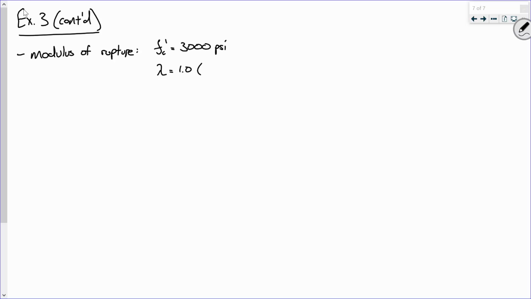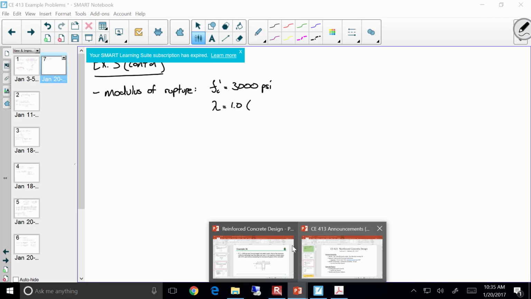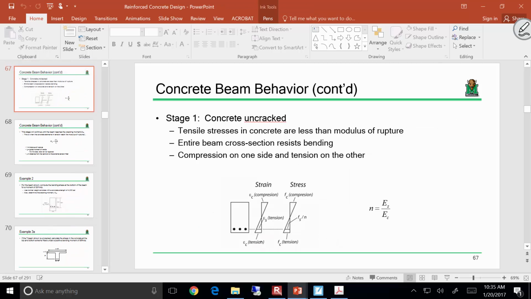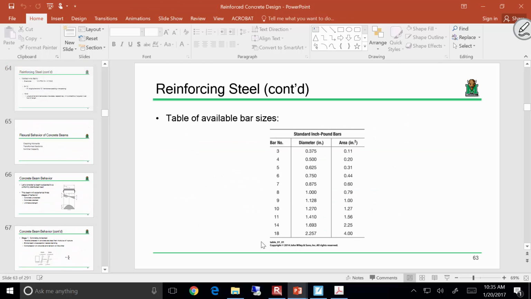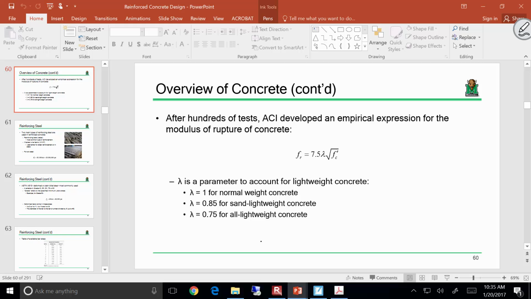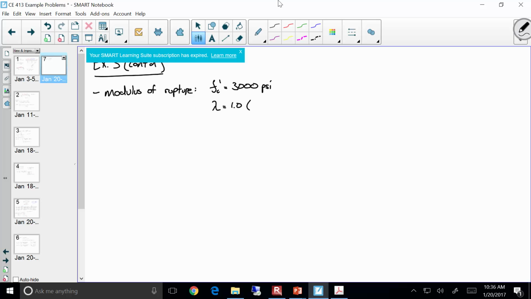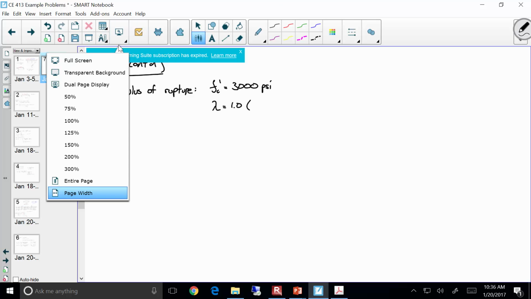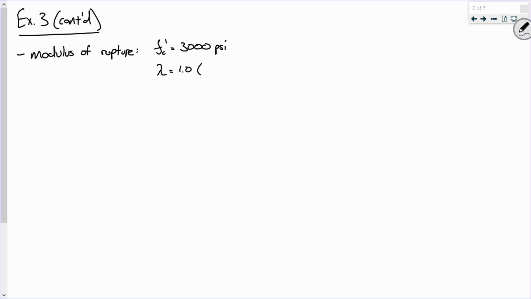It's in the slides, right here. Yeah, it's all listed right there. So that's 1.0, and that's normal weight.